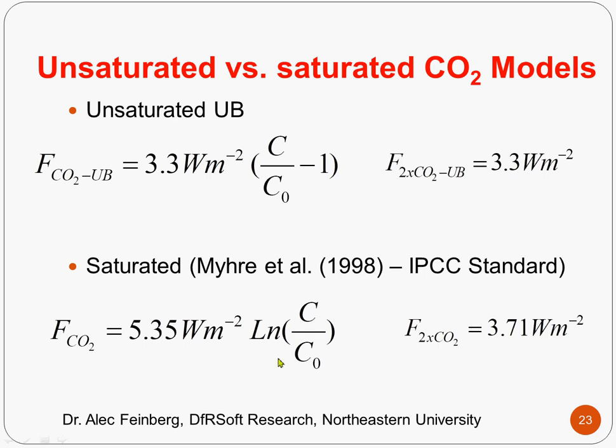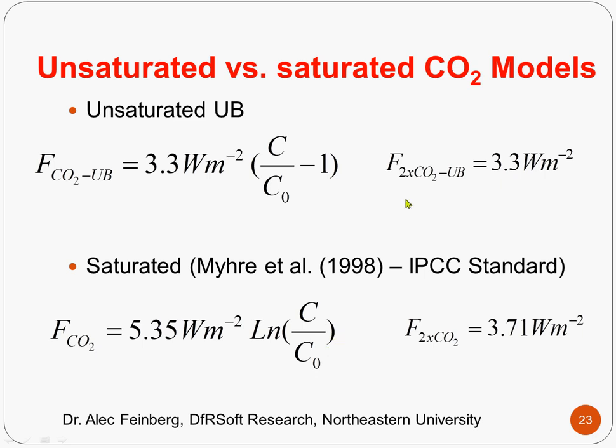Now the saturated model basically says that as we increase CO2, we will get less and less forcing increase as we add CO2. In other words, CO2 becomes a little less effective as we add CO2 because it becomes what's called saturated.